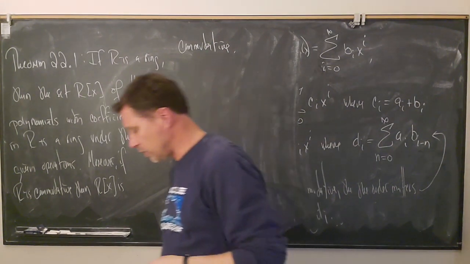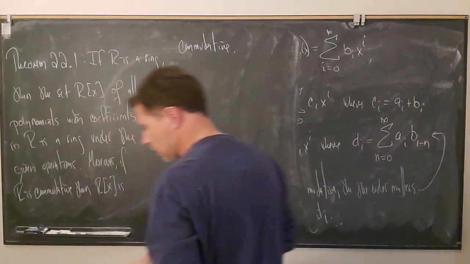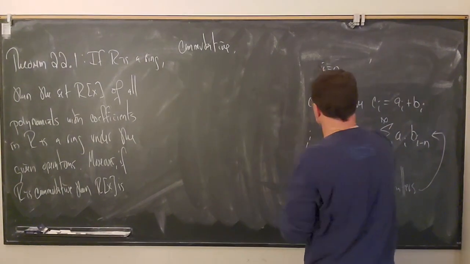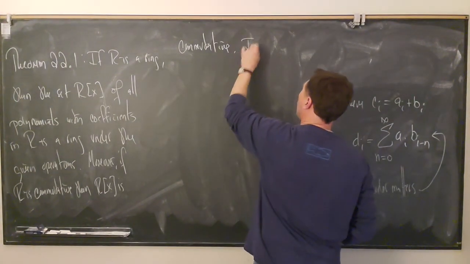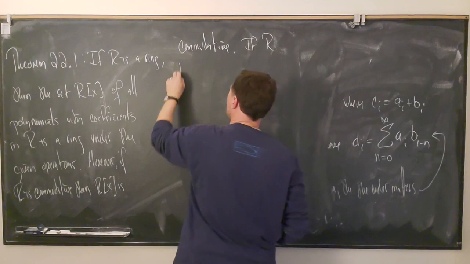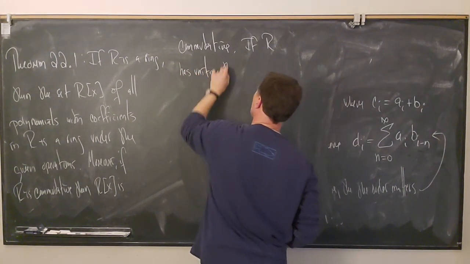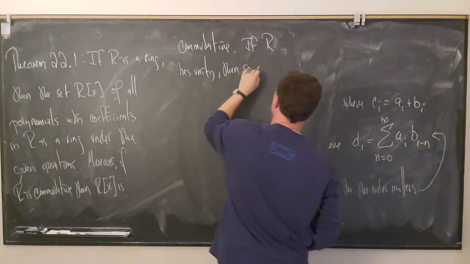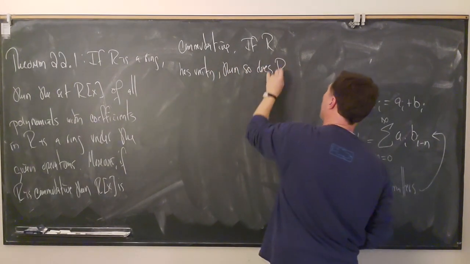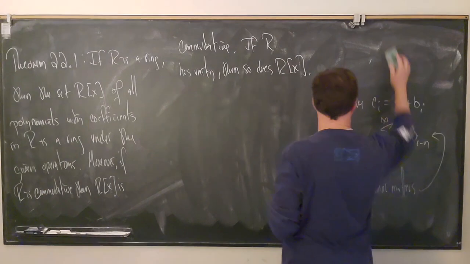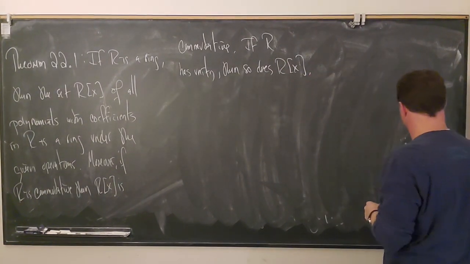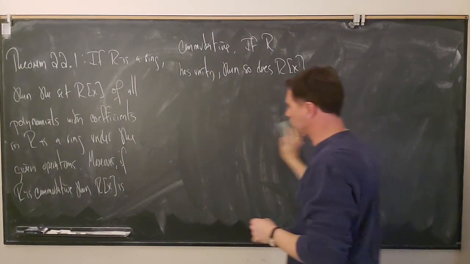If R has unity, then so does R bracket X also. These are both fairly obvious. All right, but it's going to take some work to actually prove that we've got a ring here.